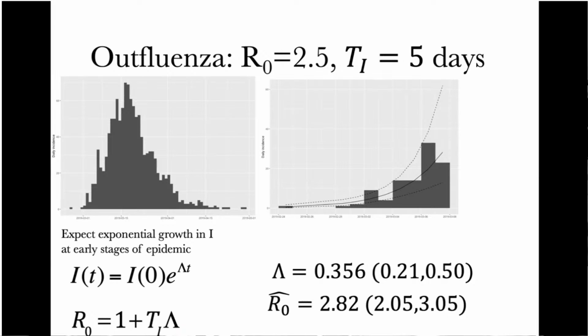So we already know the R naught that has generated the data. But we are trying to see whether our method, which is a quick statistical model based on using the initial exponential phase of this, can reproduce the 2.5.